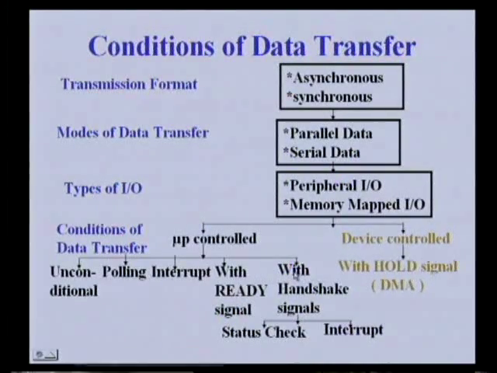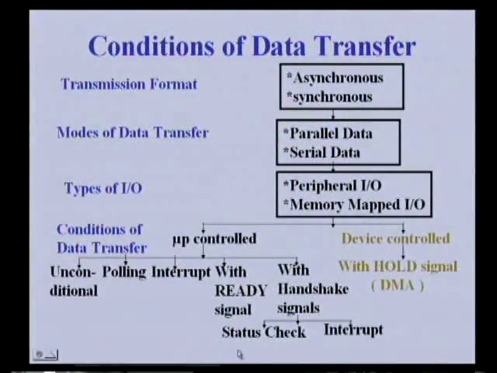And the last group is with handshake signals. In this particular group, prior to the data transfer, the microprocessor and device exchange some signals. Those signals are called handshaking signals. These handshaking signals ensure proper data transfer without error and also help in synchronizing the data transfer. This has two methods, again status check and interrupt.